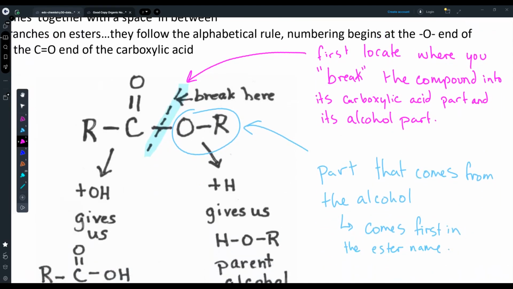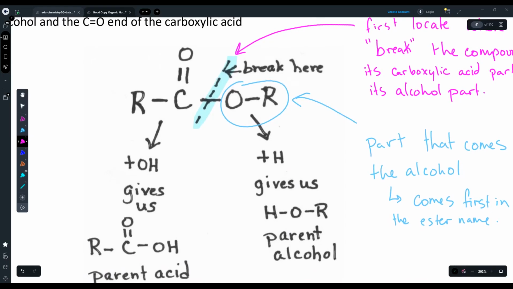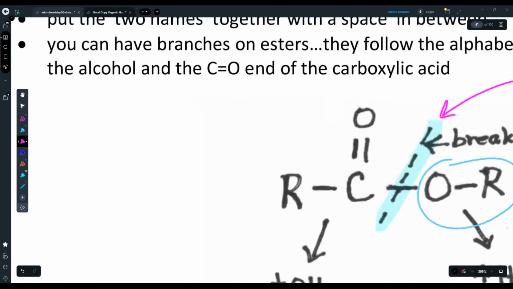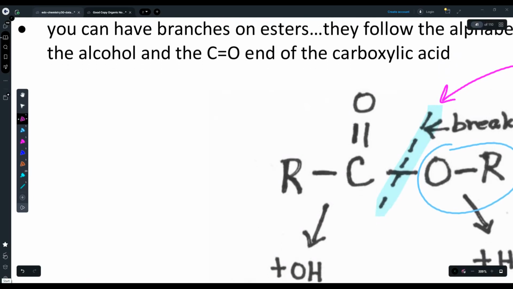The alcohol part is the part where the carbon is single bonded to the oxygen. Anything beyond that oxygen is the alcohol part. This part over here where we have the carbon double bonded to the oxygen is the part that comes from the carboxylic acid.